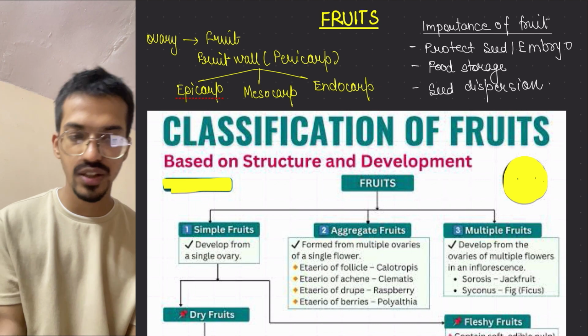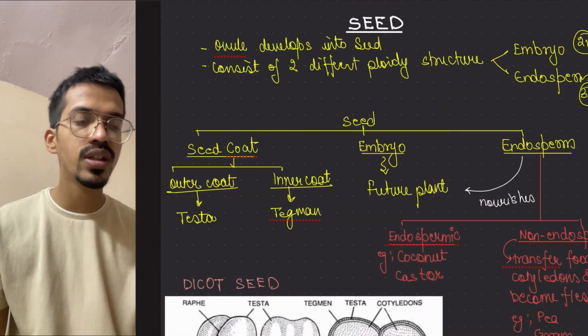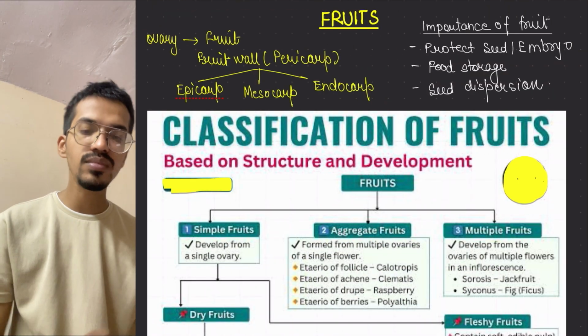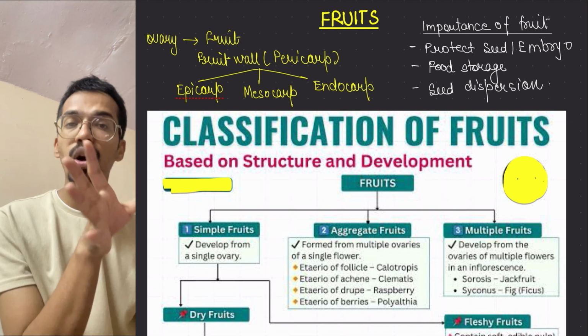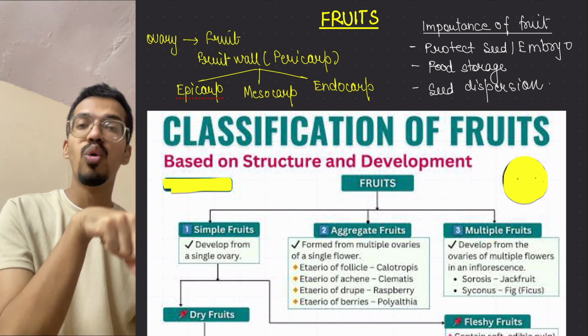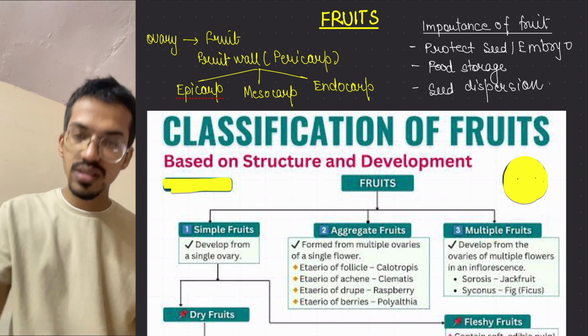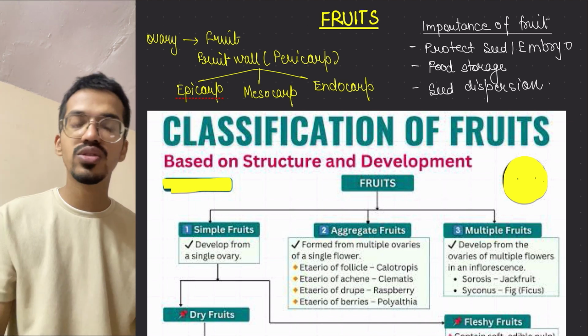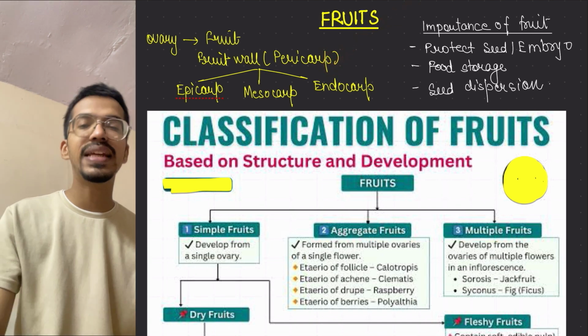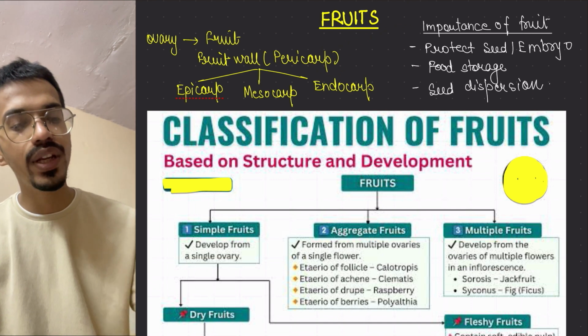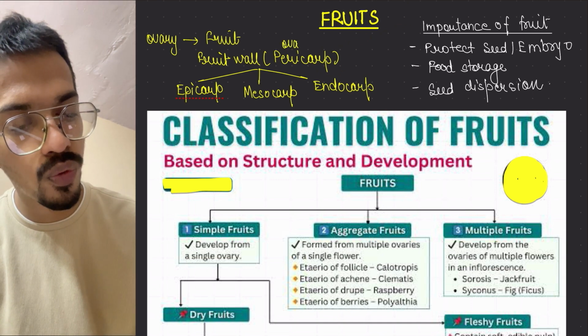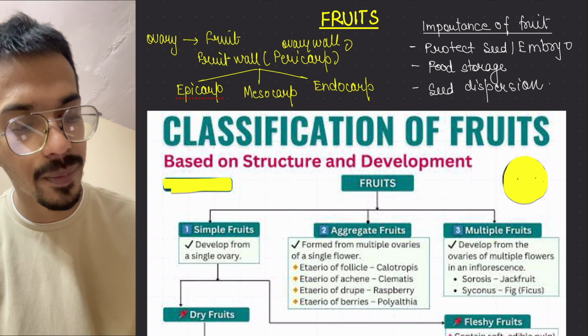Next comes that the ovule would be developed, the ovary would be developed after fertilization. They develop into what? Fruits and the seeds. If you see the fruit, the fruit is what? It is a ripened ovary. Ovary will have an outer wall. So this outer wall, the ovary wall, is called the pericarp.